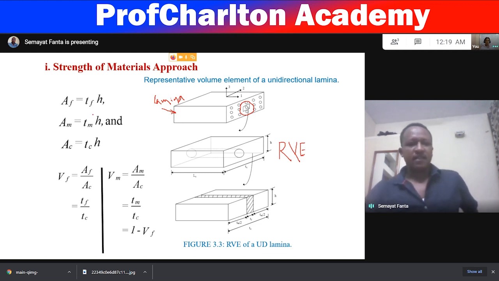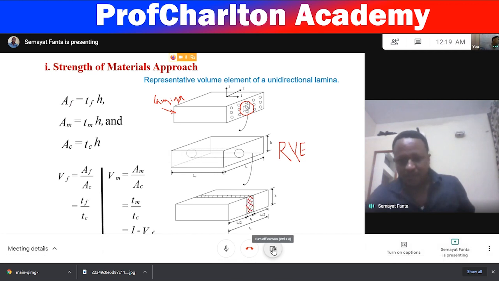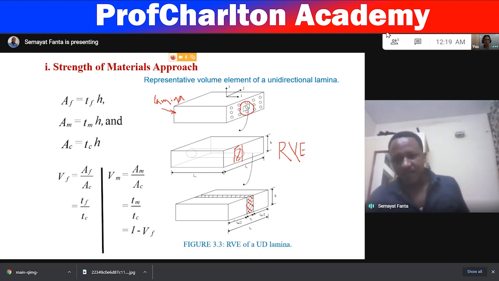So the area of fiber is the thickness of fiber times h, where h is this height. The remaining is the thickness of matrix.